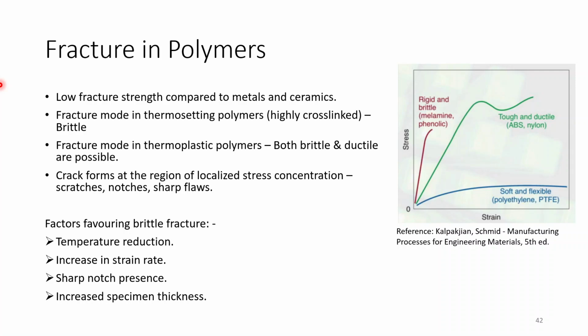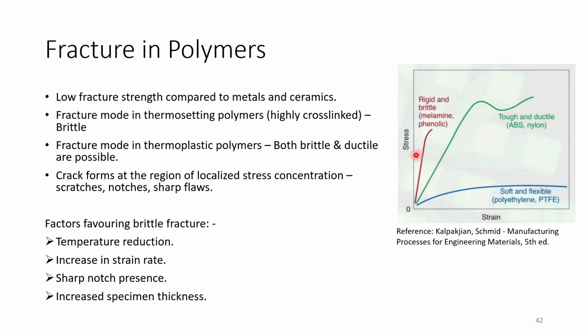The crack forms at the region of localized stress concentration: scratches, notches or sharp flaws. The factors that favor brittle fracture are temperature reduction, increase in strain rate, presence of a sharp notch, and increased specimen thickness.